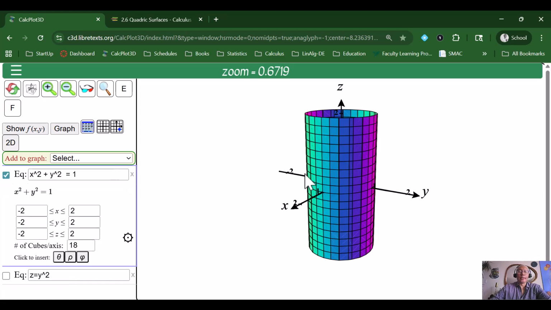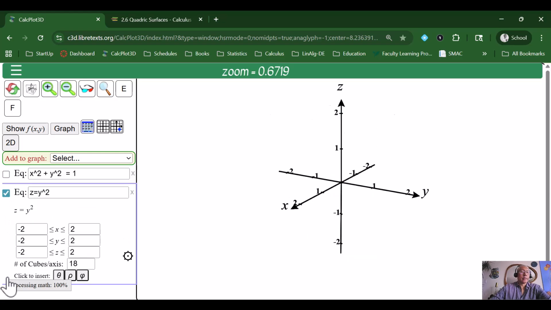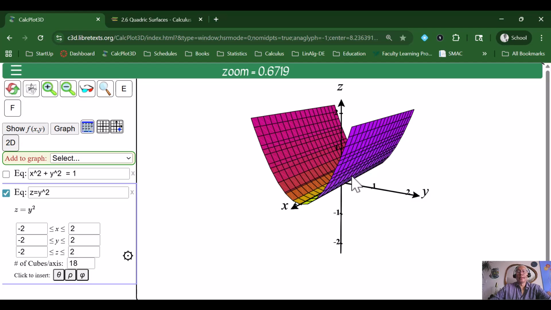The first one is this circular cylinder, and you can see the rulings going up and down, and then the traces are circular. And then the other graph is our parabolic cylinder, where you see the shapes of these cylinders running along the axis. Okay, I hope that helps. Good luck.